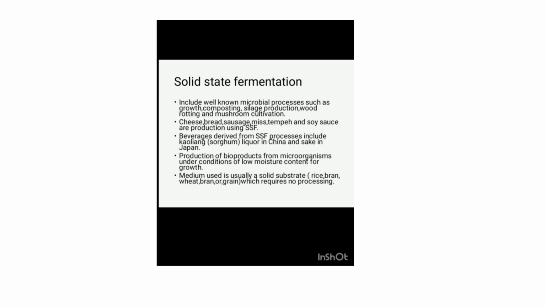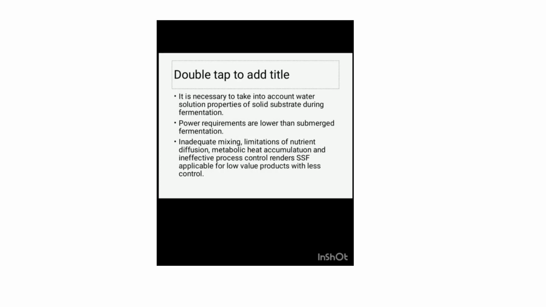Examples are pickling vegetables, producing yogurt, beer, wine, and soya sauce. It is subdivided into aerobic and anaerobic. Aerobic is citric acid production by Aspergillus niger, and anaerobic is yogurt. When submerged fermentation is done in a flask with continuous shaking, it is known as shake flask fermentation.